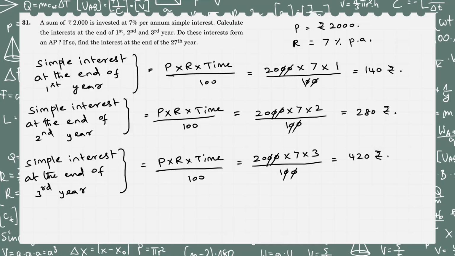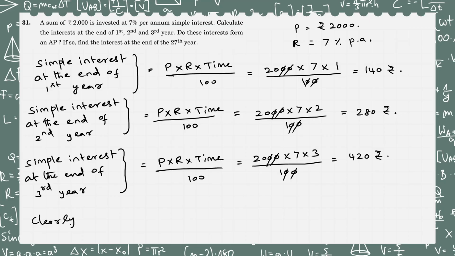Suppose if we are maintaining the investment for 27 years, at the end of 27 years, what is the simple interest you are expecting? That we can easily find by finding the 27th term of the AP. Yeah. So let us answer one by one.